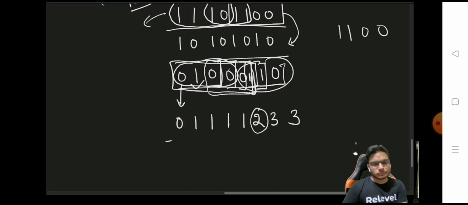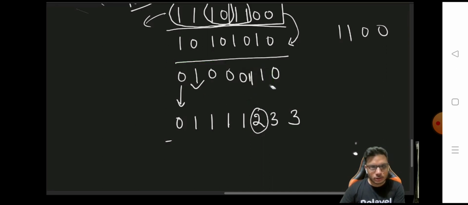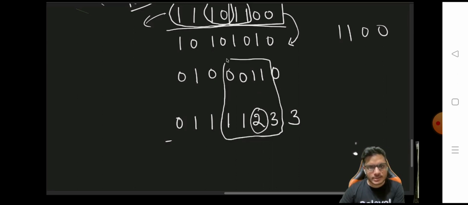Similarly, what does this 3 mean? 3 means the sum from the start to this part. Now you can easily identify how many ones there are. For example, let me write this first part again. Let's say you want to find the number of ones available.